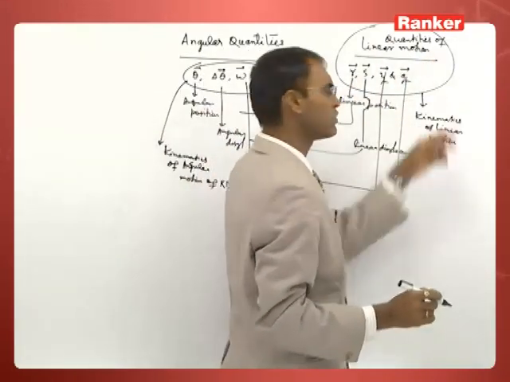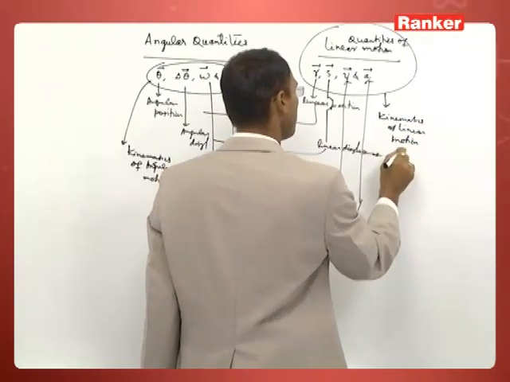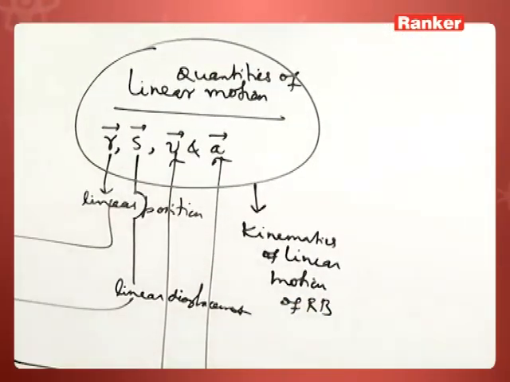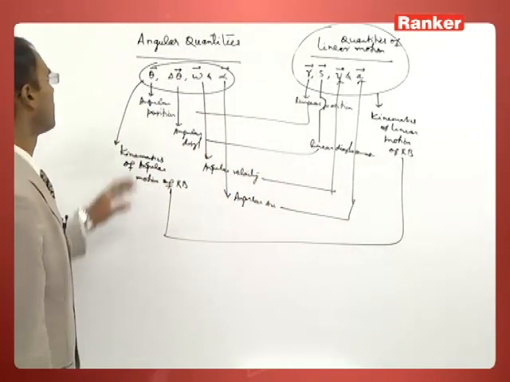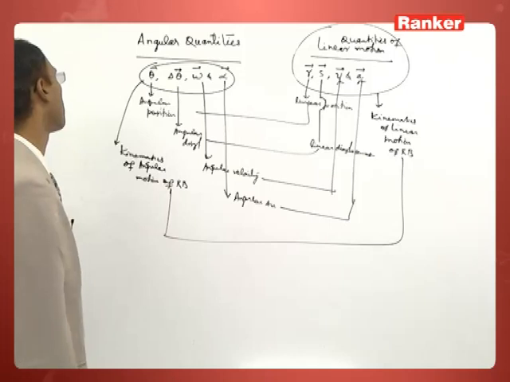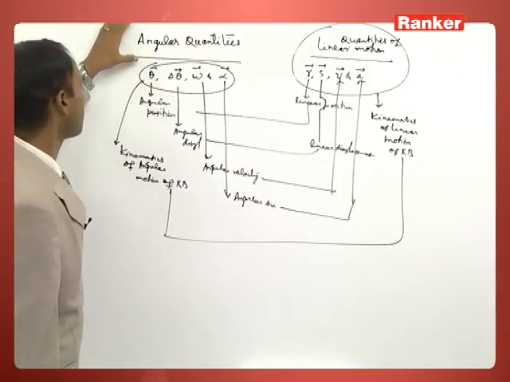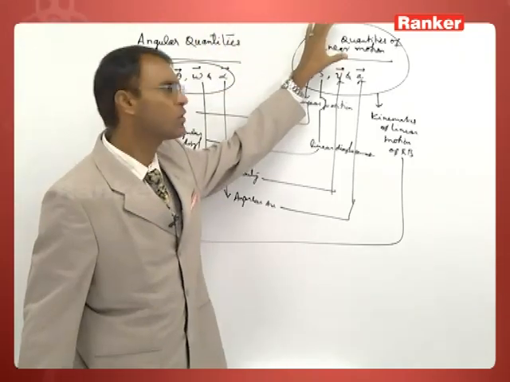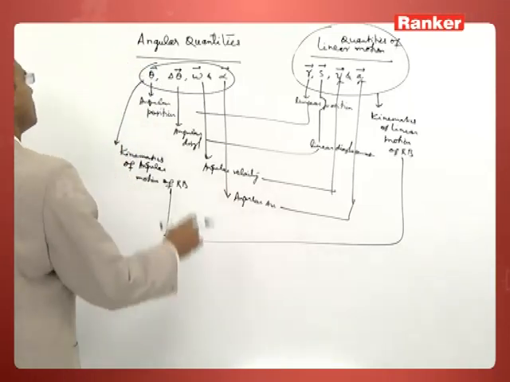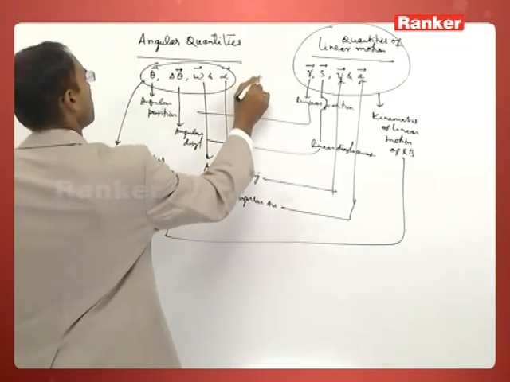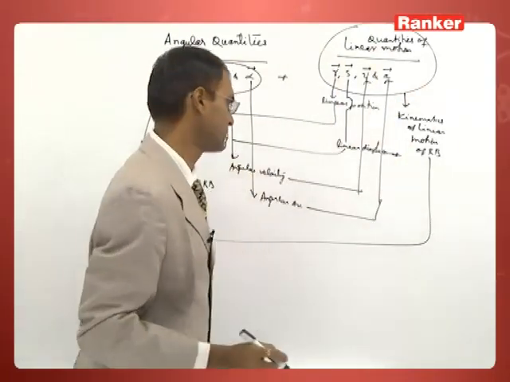This can also be used to define the kinematics of linear motion of a rigid body. Combiningly, the motion of a rigid object can be explained by these angular quantities, in addition to the linear quantities that we discussed in particle mechanics.